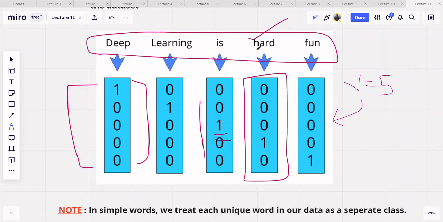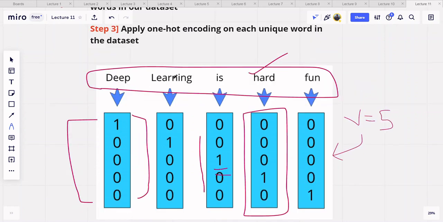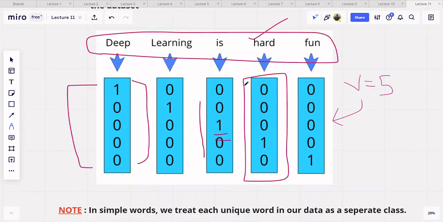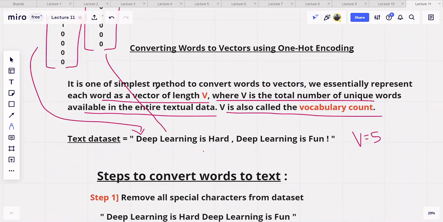Again, if I give you just the word learning, you can tell me its numerical format, but it won't be possible to locate where the word learning is situated in this entire data set. So this is also one of the main disadvantages of using one hot encoding.